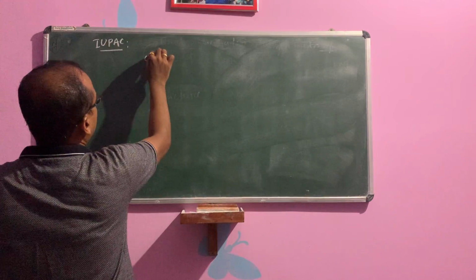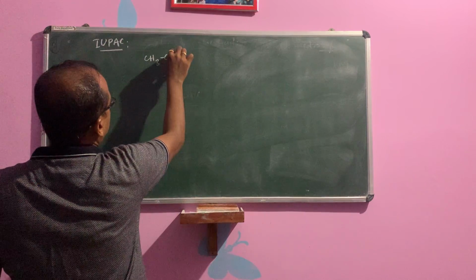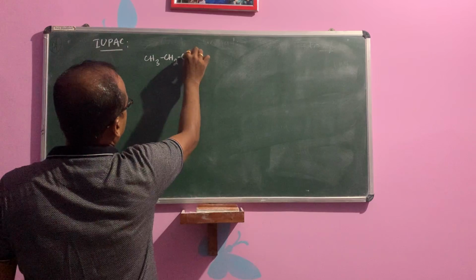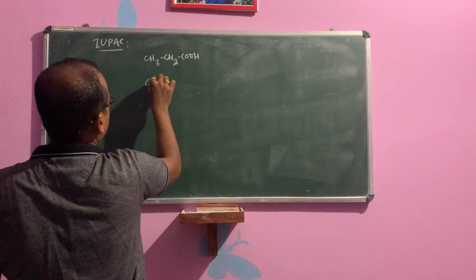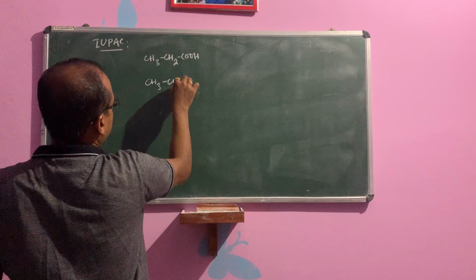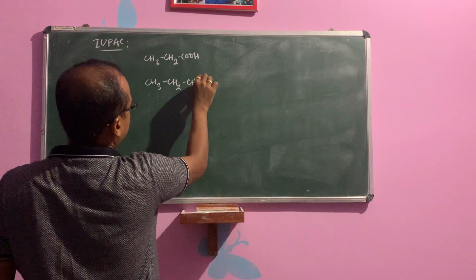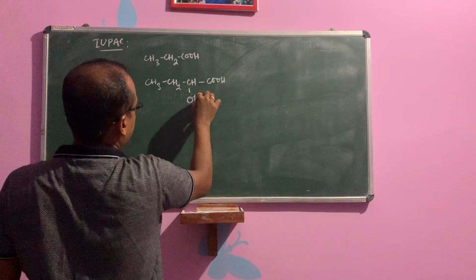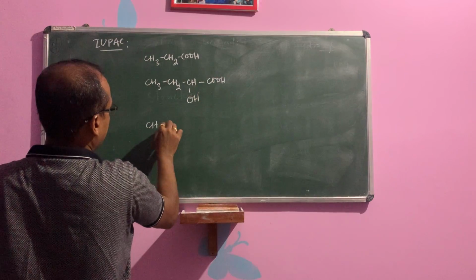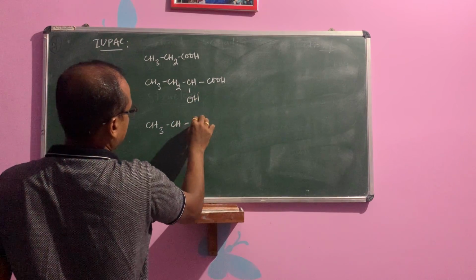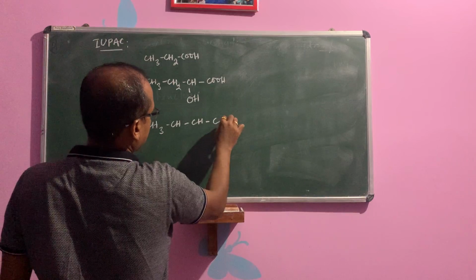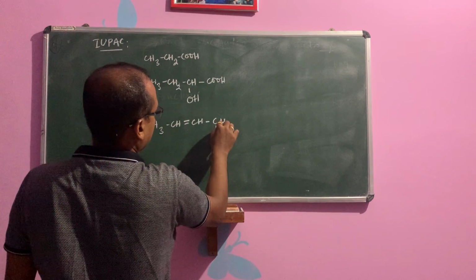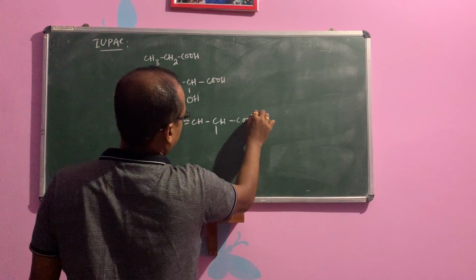Suppose for example, CH3 CH2 COOH, CH3 CH2 CH COOH with OH, CH3 CH CH CH COOH, like this.